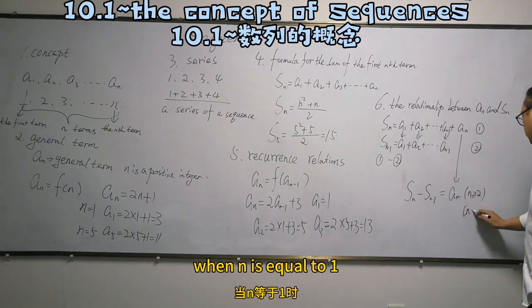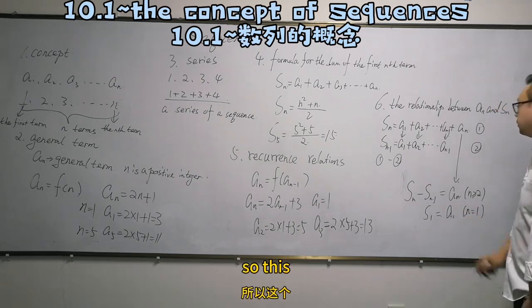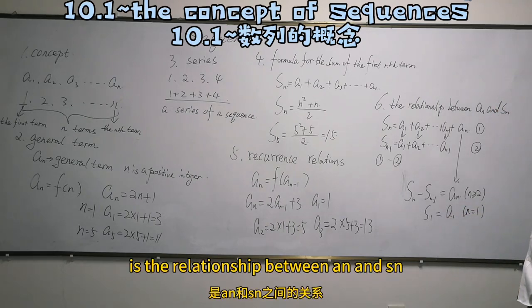When n is equal to 1, S1 equals A1. So this is the relationship between An and Sn.